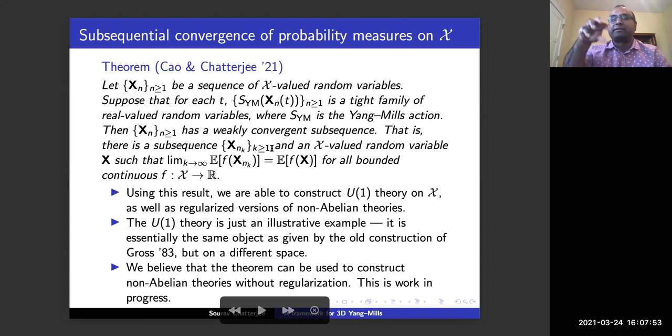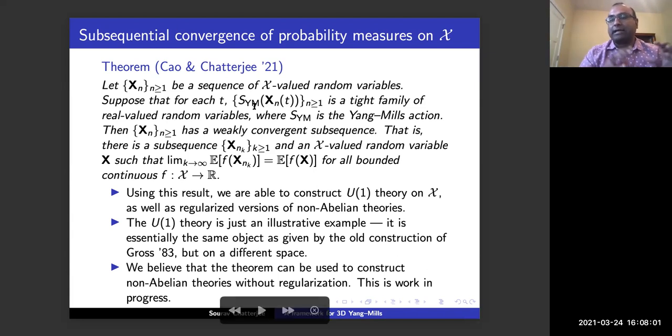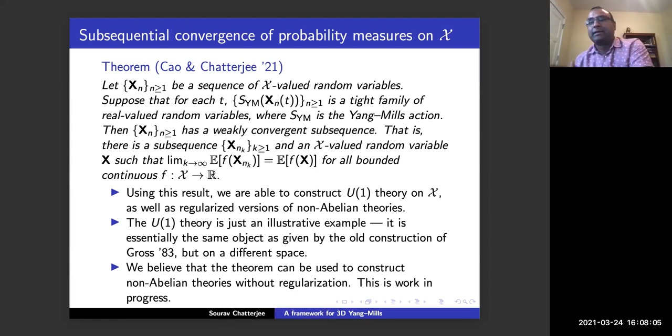First you take the evaluation map from script x to A/G, taking x going to xt. Then you compose it with the Yang-Mills action, so that this composition of these two maps pushes forward the measure to the real line. And then you have a sequence of measures on the real line, and you want that sequence of measures to be tight. And so that is the theorem.